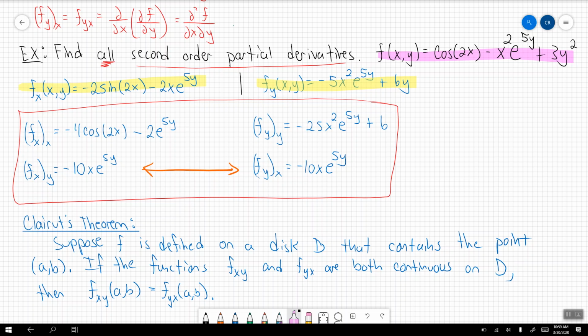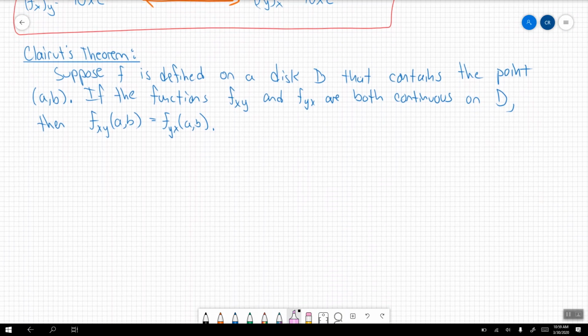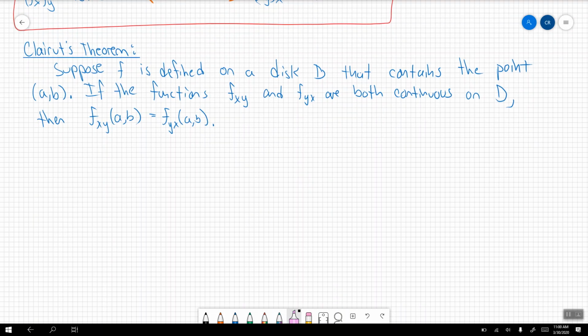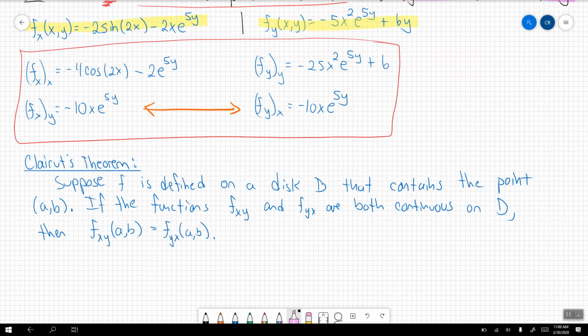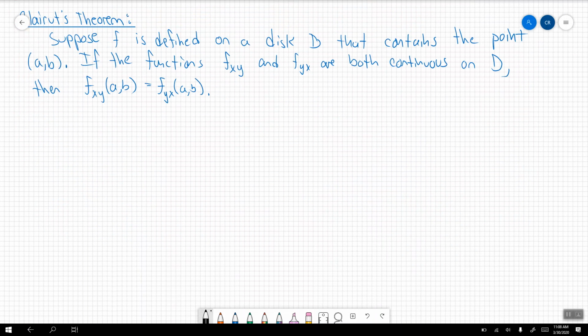And then finally 3y squared, continuous everywhere. Therefore, this function f of xy is made up of many functions that are continuous everywhere. Therefore, f of xy must be continuous everywhere. So we can define by Clairaut's theorem any given disk on this domain, and therefore the mixed partial derivatives will always be equal to one another. Alright, so now we're going to verify Clairaut's theorem.